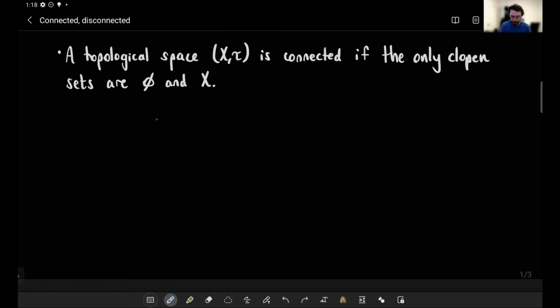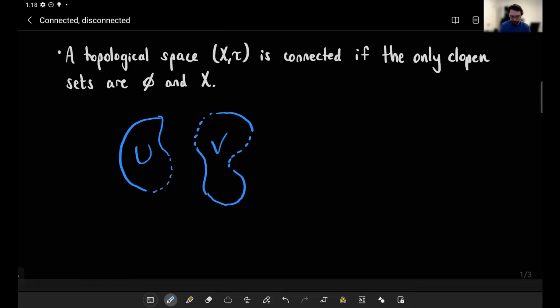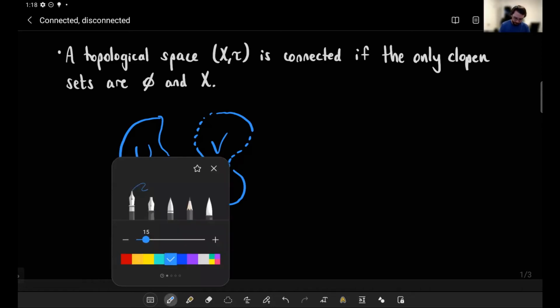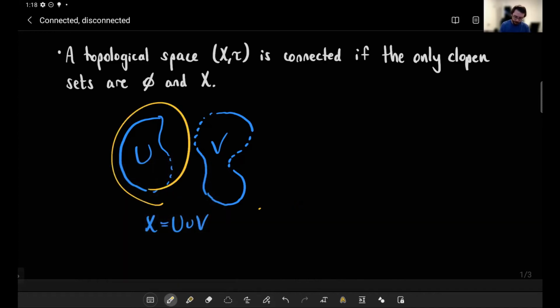Imagine if I had, let's get weird with it, half open, half closed kind of nonsense. That's U, that's V, and we're calling X the union of those two. This certainly looks disconnected, and you can claim that these are both clopen sets.